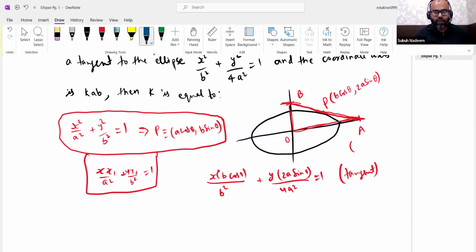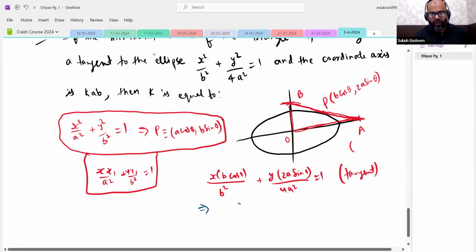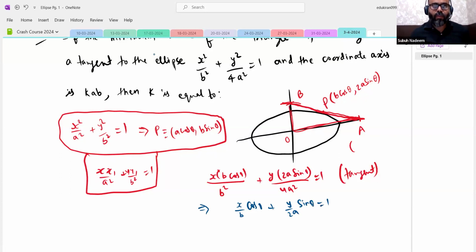Now in this tangent, we can write x by b cos theta plus y by 2a sin theta is equal to 1. Now here, when you put y as 0, you'll get a point.